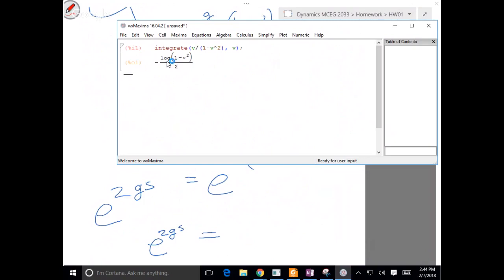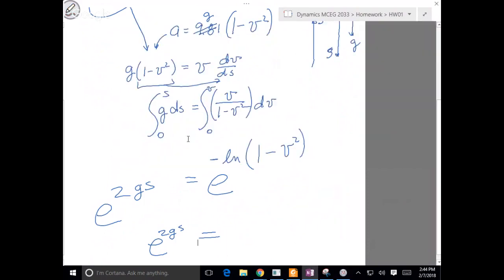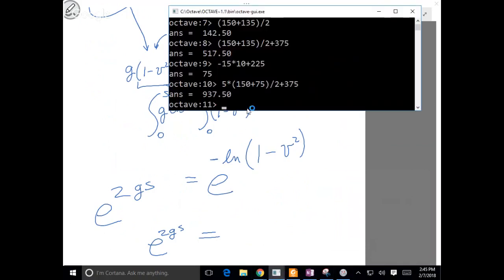Well, and then the thing is it comes back in a way that's uncomfortable. And so I moved the 2 over, took it to the exponent. If you do that, for example, let's try this.